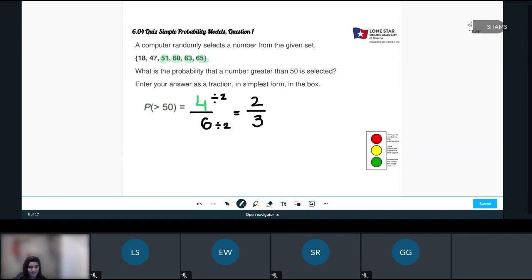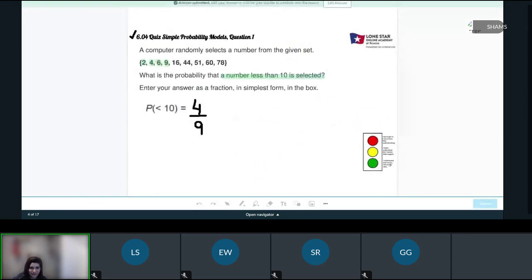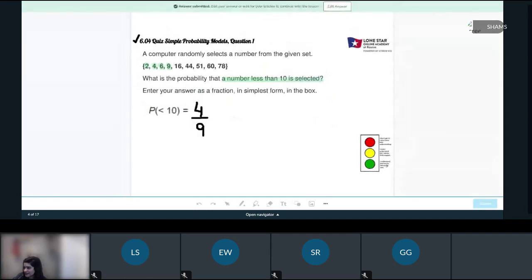No. Then in question 1, variety 2, we were looking at the probability of selecting a number less than 10. There were 4 numbers that are less than 10 out of 9 numbers. The probability is going to be 4 ninths. Oh, this is Nina and Glendy's question. There were 4 out of the 9 numbers. That's the answer. We have to do no reduction.